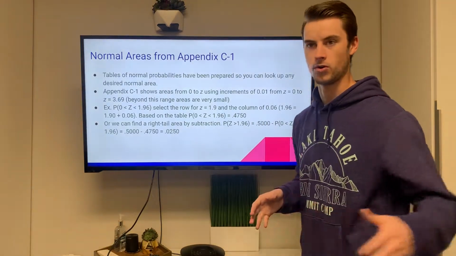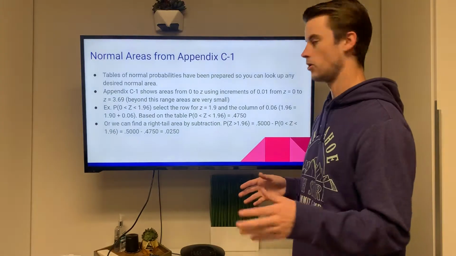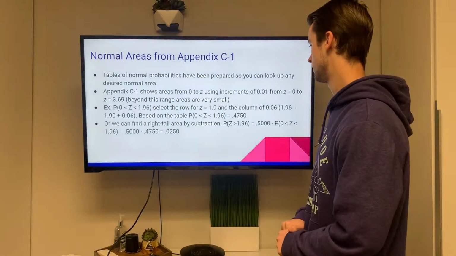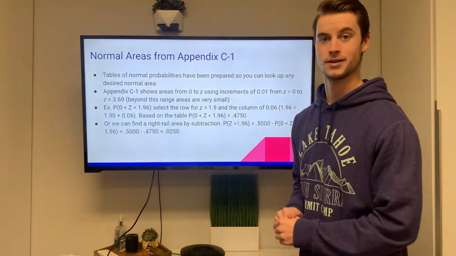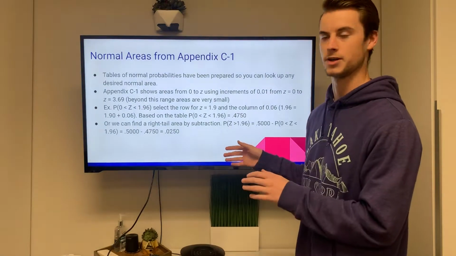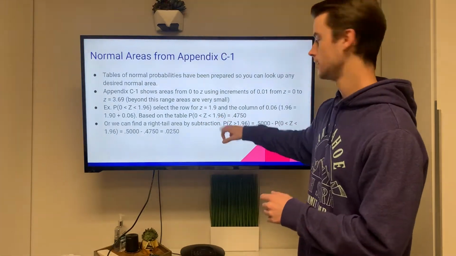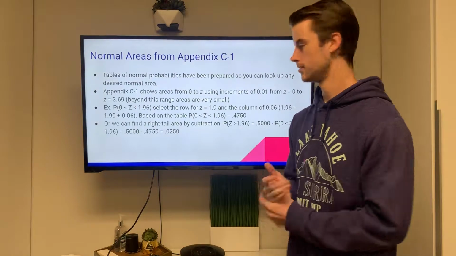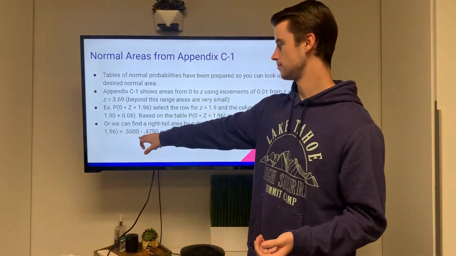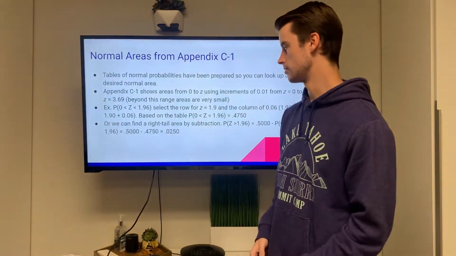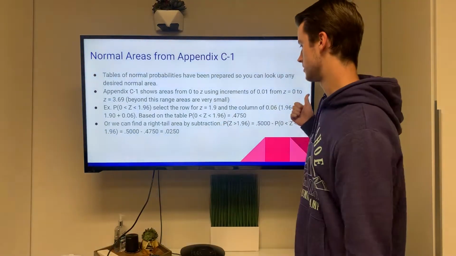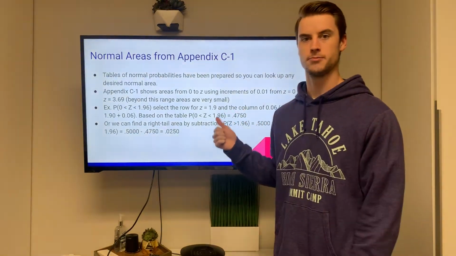That way I don't have to deal with the whole bell curve, just the half I'm looking at, because the z-score is on the right. It's easier to look at. So you do 0.5 minus 0.475 and you get 0.0250. So 2.5% of the data is to the right of 1.96 on your bell curve.